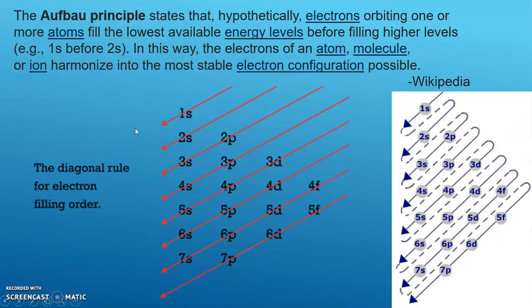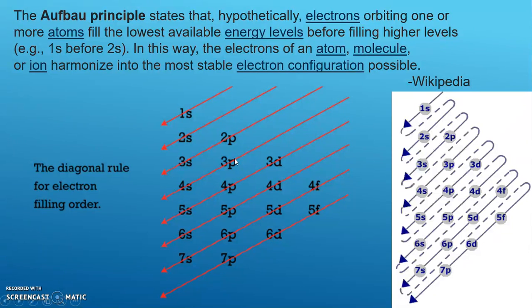The very first bus in line is the 1s bus. Then I jump back up to the next one, and I read diagonal again. So then comes the 2s bus. Then I go again, and next comes the 2p bus, or the 2p orbital, and then the 3s. So far this is making pretty much good sense. And then we jump to the fourth one, and this is where things get weird.